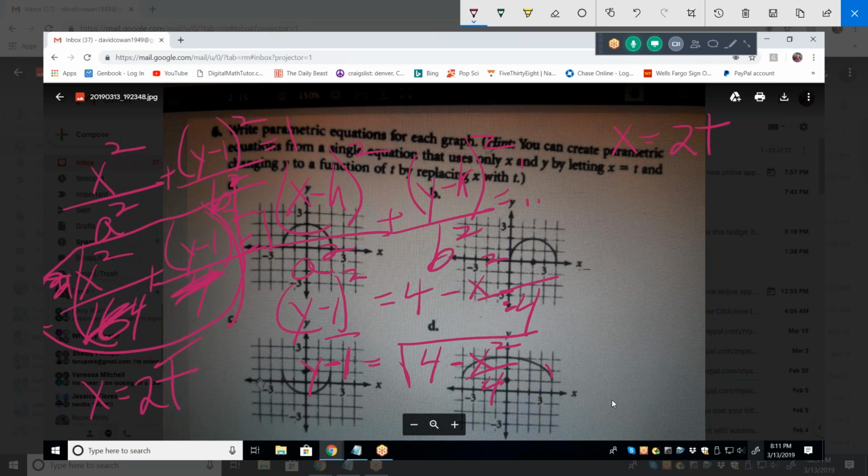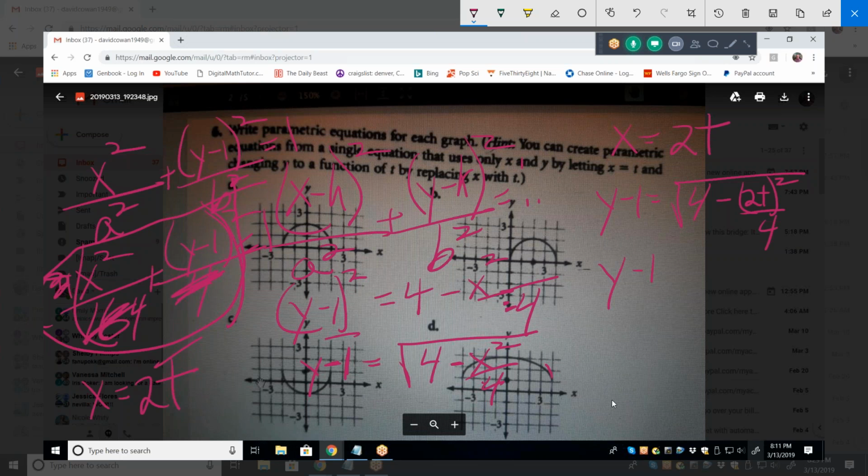So therefore, y minus 1 equals the positive square root of 4 minus, instead of x, I'm going to put 2t in there, squared over 4.